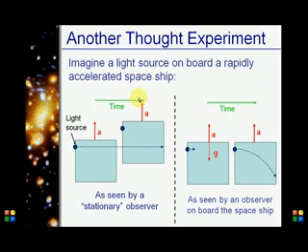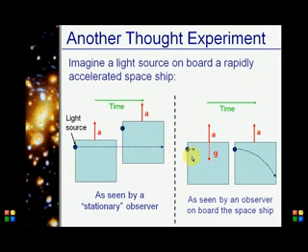Another explanation for this is, imagine a light source, and when the light source is seen by a stationary observer, an observer that is stationary, he's not moving, the light just passes straight.